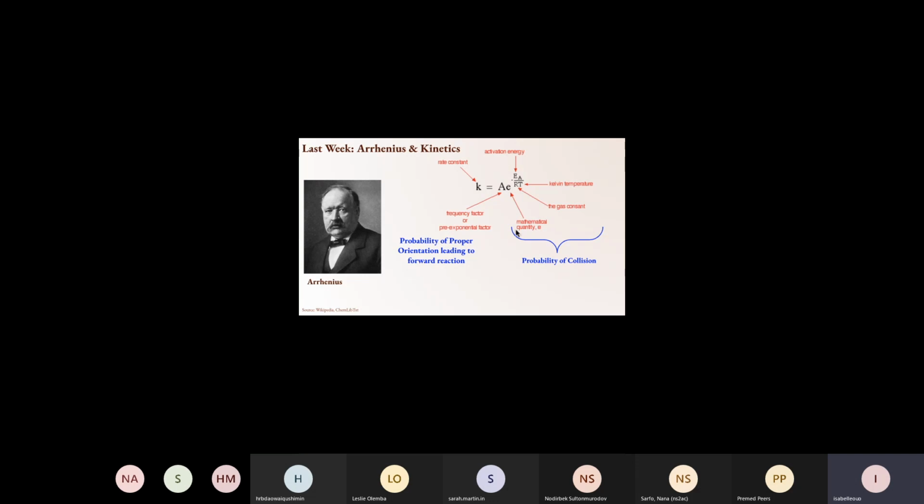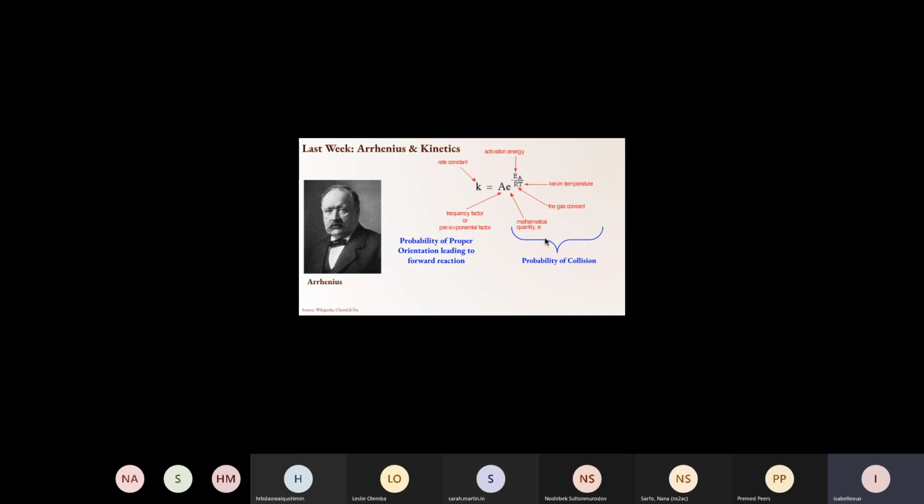The only thing I really understand through this equation is the A, which is the frequency factor, also called the Arrhenius factor. It is really the probability of correct orientation of the reactants colliding with each other, leading to a successful reaction in that case.